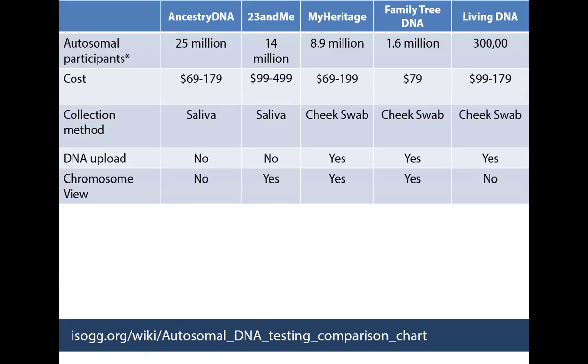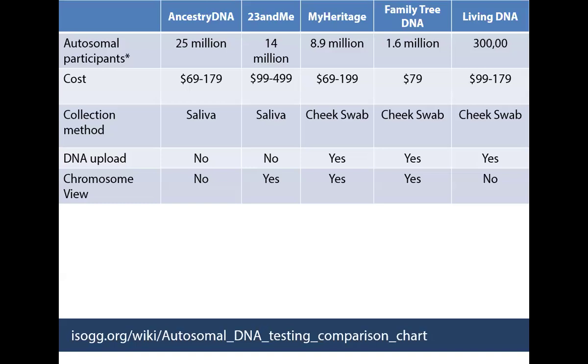Ancestry has done something like that with their traits. MyHeritage has as well. And some of these companies have even added on genetic counseling as an option with those tests as well. So if you have concerns about results, they have ways of having you talk with professionals about those results and connect with your doctor as well.